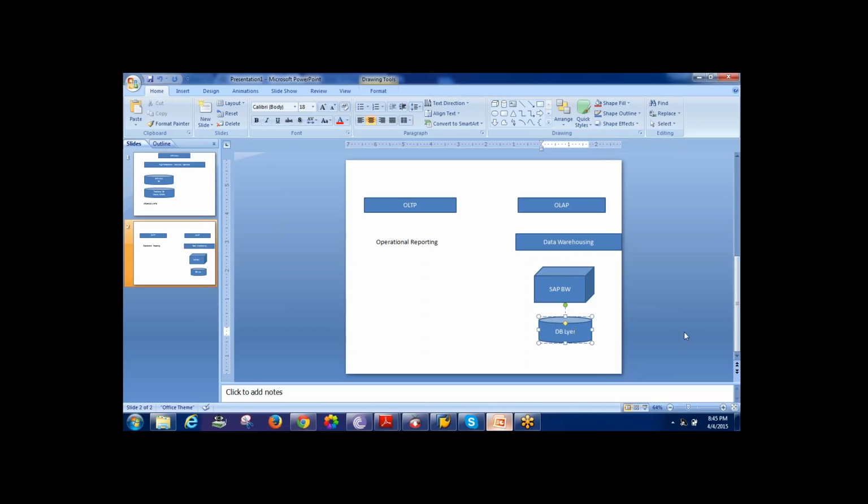Okay, so even though this particular system, SAP BW, was created for intelligent reporting, for doing analytical purposes, we understood that the database it was associated with was still a relational database management system like Oracle, Microsoft SQL Server, Teradata, whatever it is.